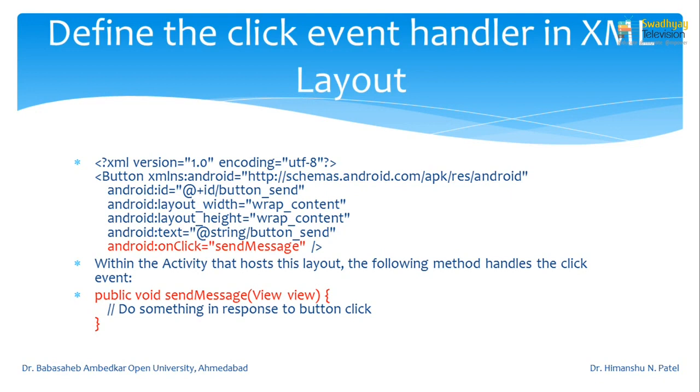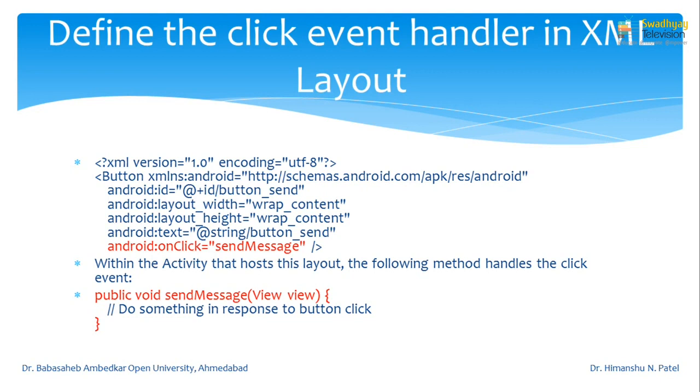For example, when this button is pressed, this public void sendMessage(View) is called, and inside this we do something in response to the button click event. For example, if I want to write that the button is clicked, then we have to write code for that inside this sendMessage method. So, this is how you can define the click event handler in XML layout.